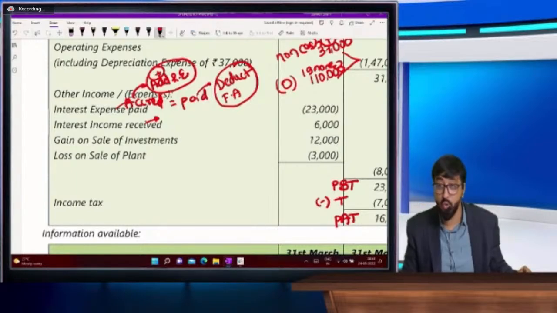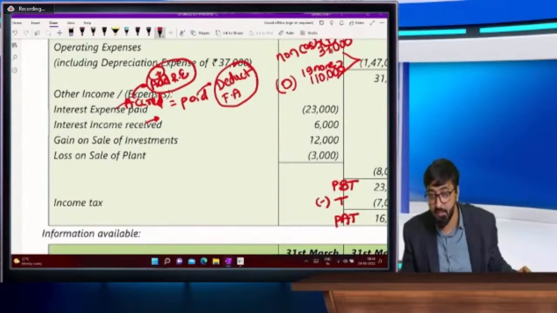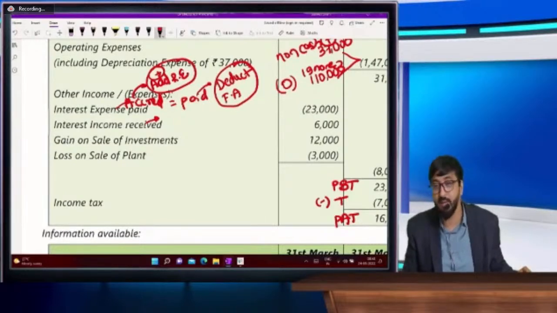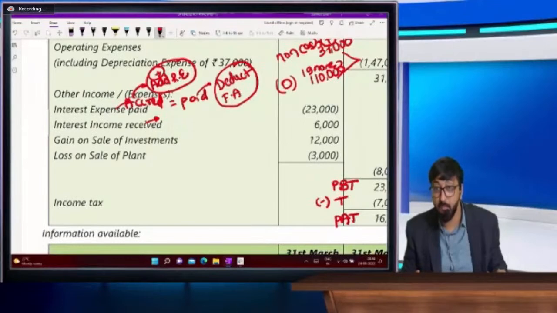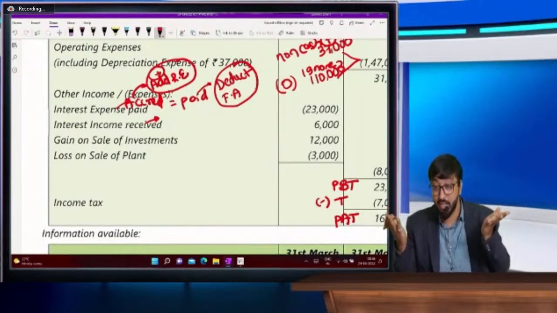And I don't know how many faculties are telling all these things in detail. I really don't know. But when I studied my intermediate, when I studied my CA final, I always focus on this concept. My faculty, he told me only to add and only to less. But for me, I developed my confidence by taking into account accrual versus cash concept.